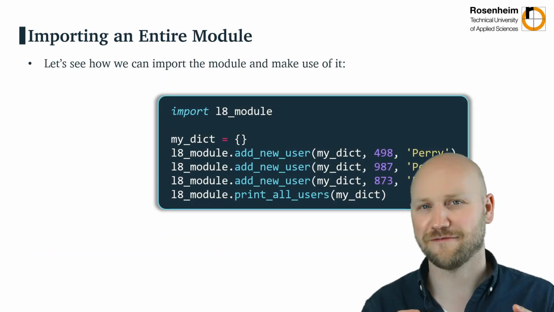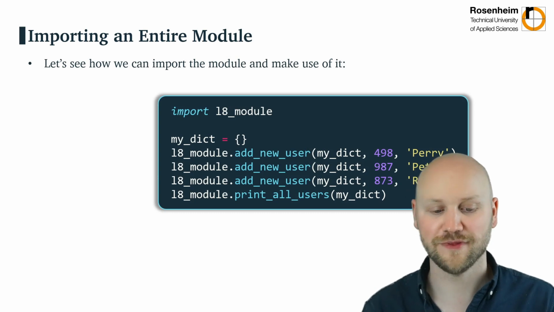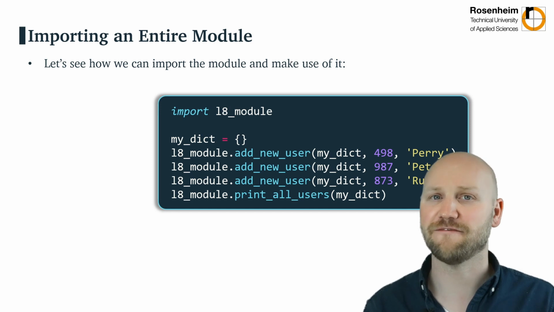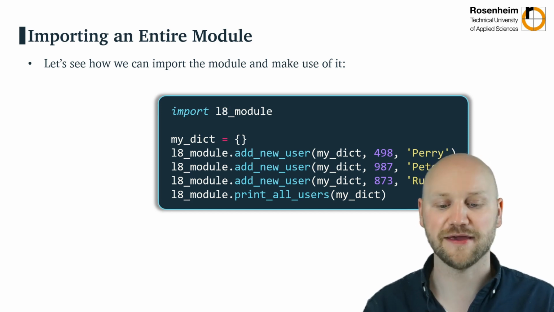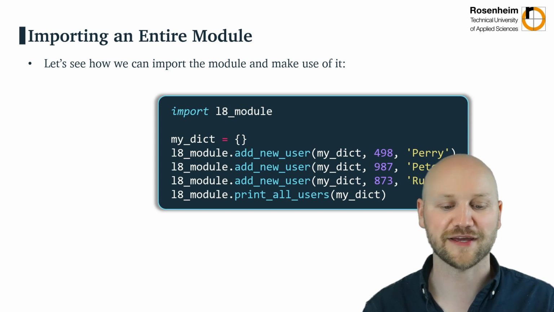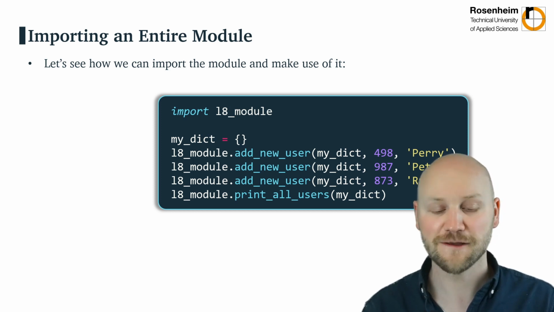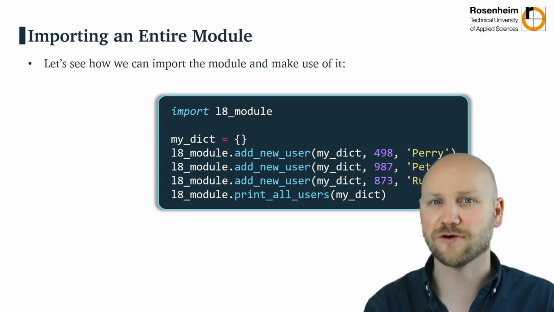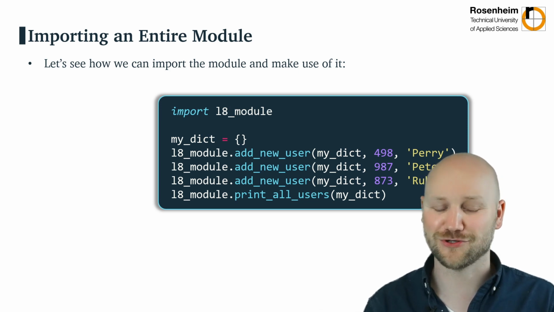In another file in the same folder, we are going to import that module. We just write import and then the file name. We don't need the ending .py here. We have an empty dictionary, denoted by the curly brackets, and then we are simply going to call these functions. We need to have the module name or the file name before, and then we come up with all the functions that are in these modules.